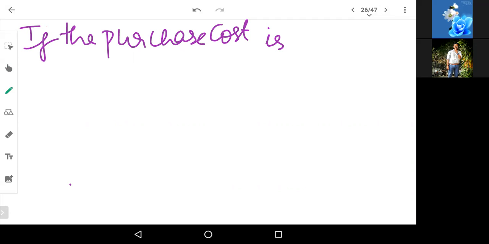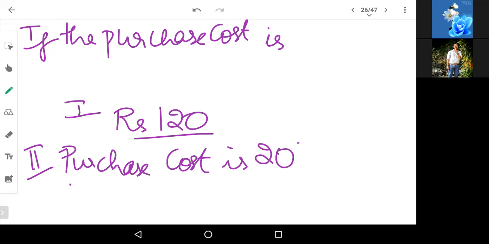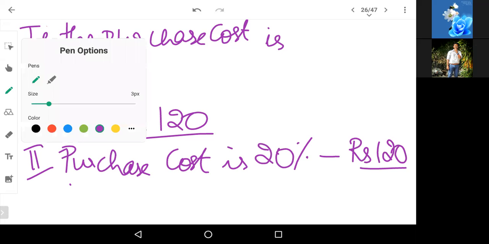Now same article, let's say 120 rupees was the price of the article. Now in this, the purchase cost is from scenario 1, and I am comparing it to scenario 2. In scenario 2, I am saying the purchase cost is 20% less than 120 rupees. Now understand it clearly.